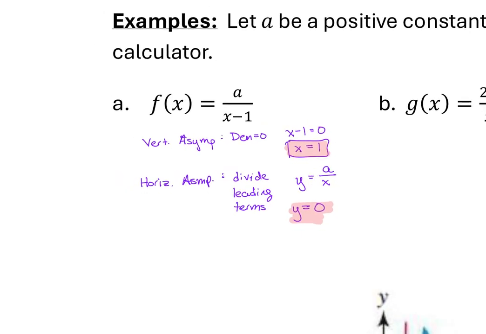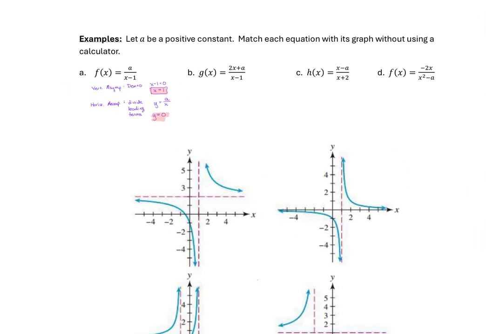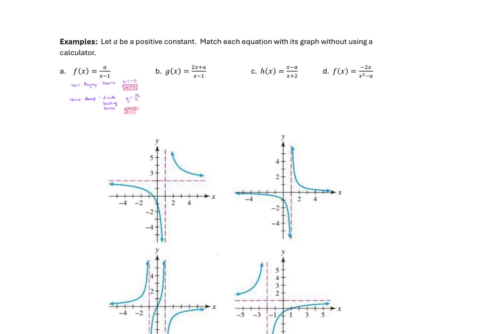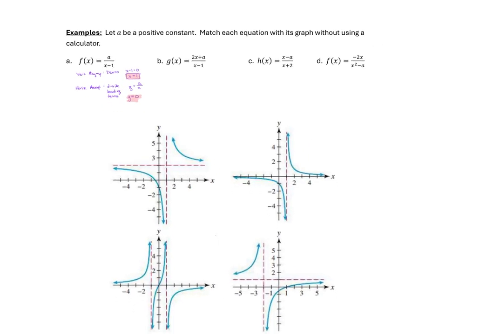Okay, so let's go ahead and come down to our graphs and see which one of these is going to be our option. For this one, we have x equals 1. Remember, this is a vertical asymptote.